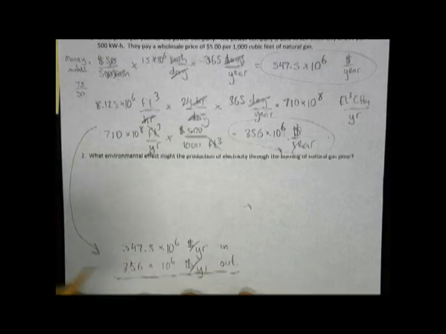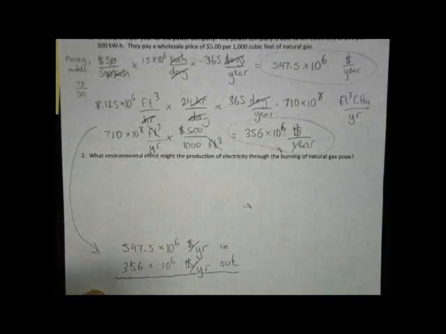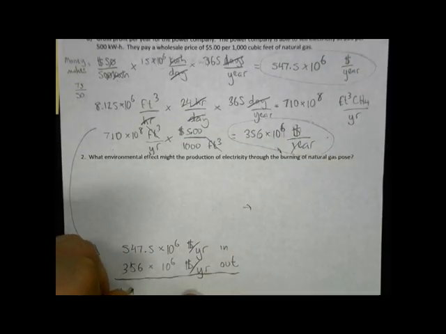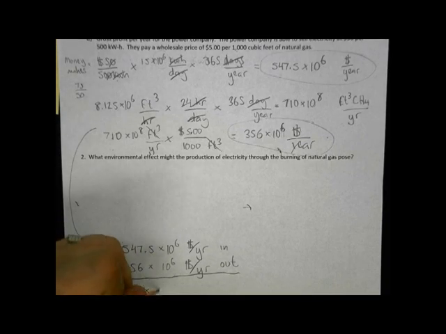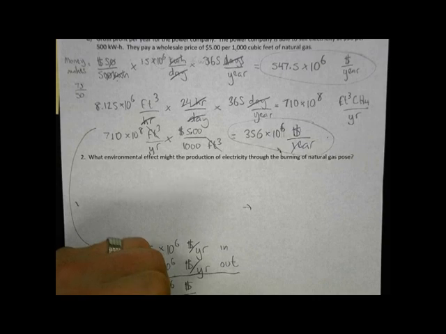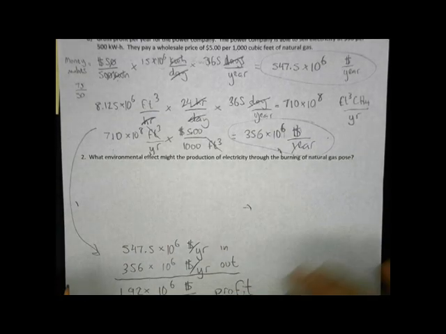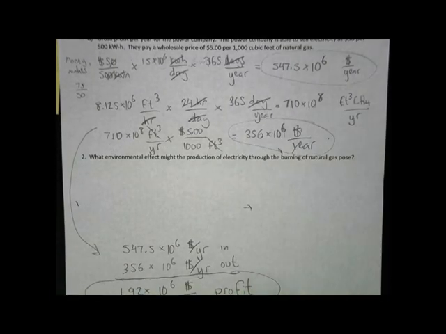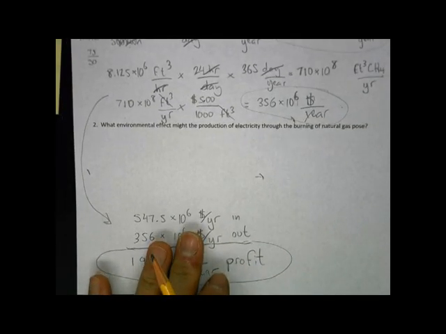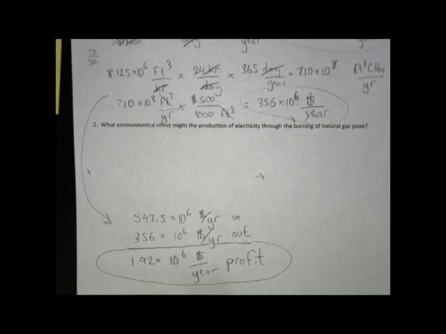You do a little subtraction, and then you end up with about 191.5 times 10 to the 6 dollars per year profit, or about $192 million per year. So that one just took a lot of steps to get there.